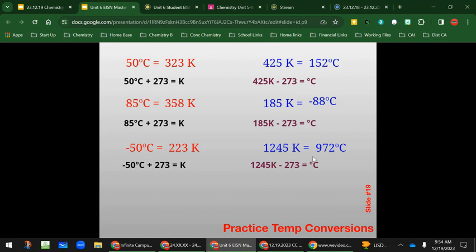Every single problem. So if you are working gas laws problems and temperatures are involved, you have to put it into Kelvin. Even if both temperatures would be positive values, like going from 20 degrees Celsius to 40 degrees Celsius, you still have to put it into Kelvin. And here's the reason for that.